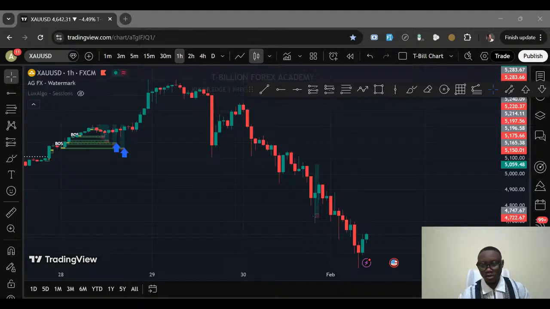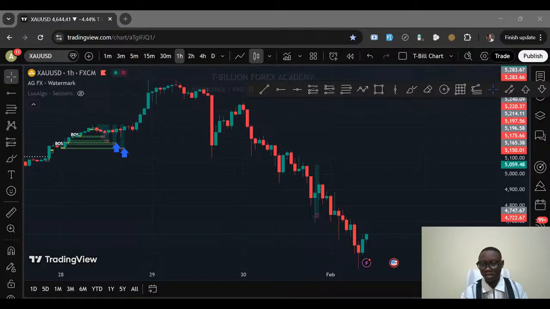Now, our primary focus is XAUUSD, which is gold, followed by other forex pairs you request in the chat. The goal of this session is to sharpen your understanding of smart money concepts, including order blocks, market structure, liquidity zones, and price action.